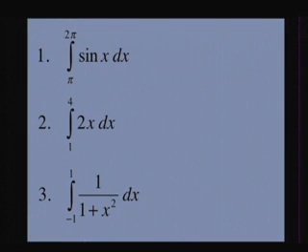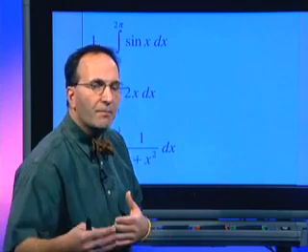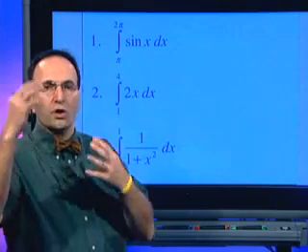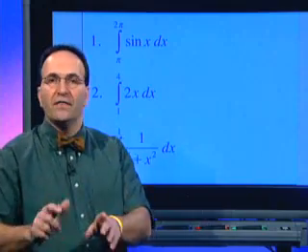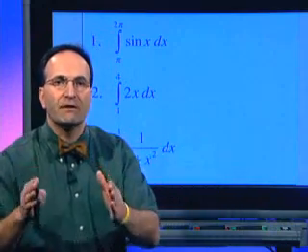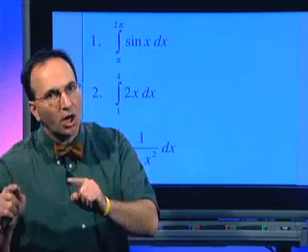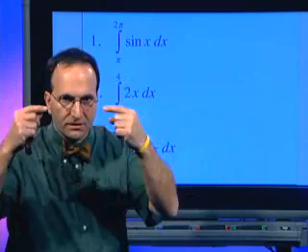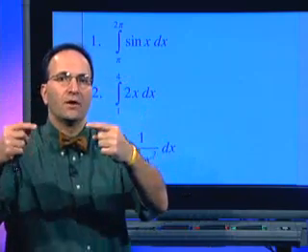We have to think about what particular function has a derivative that equals sine x. And you should immediately think, ooh, cosine x. Just remember that the derivative of cosine is negative sine, and therefore we have to use as the antiderivative negative cosine, because when we take the derivative of negative cosine, we get negative of negative sine, which is positive sine.